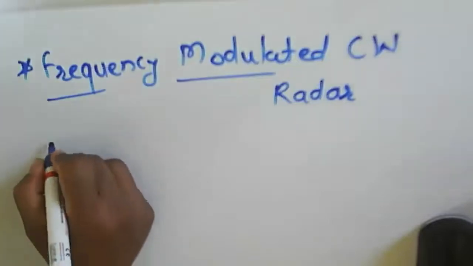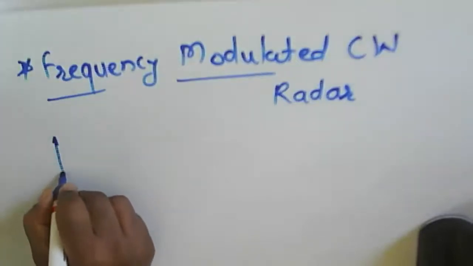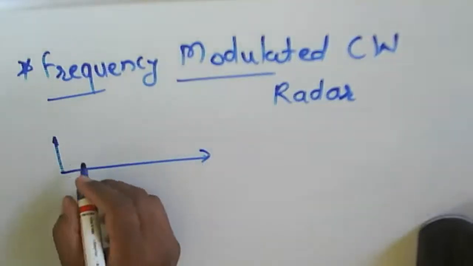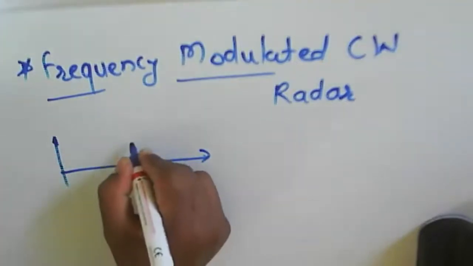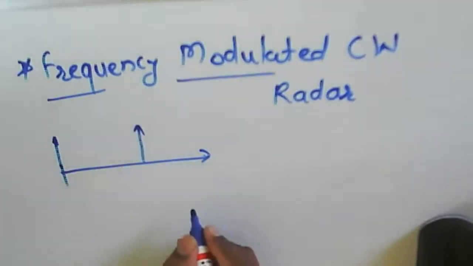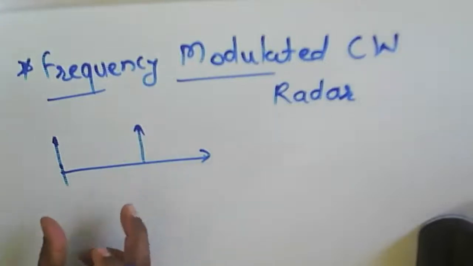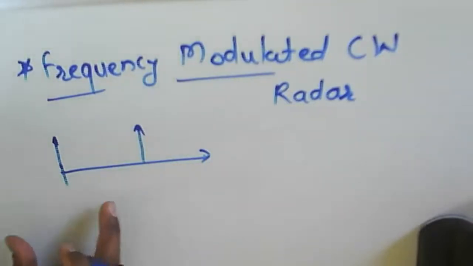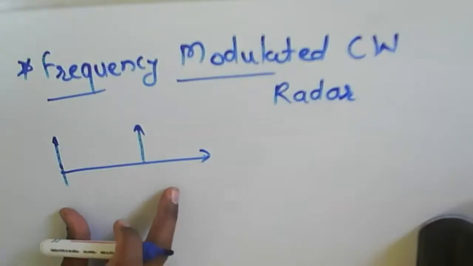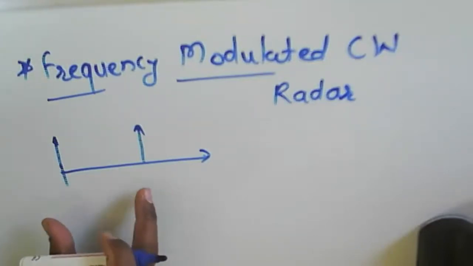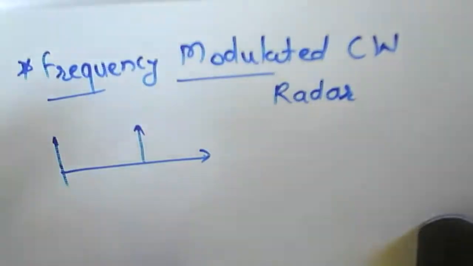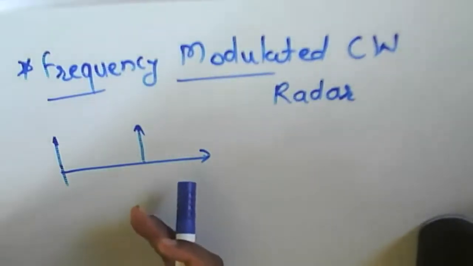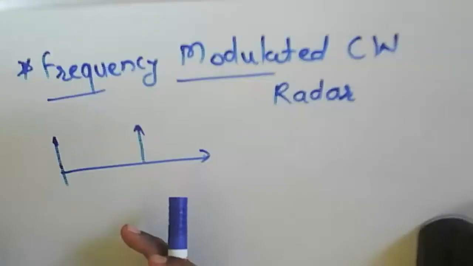We considered earlier that a signal is to be transmitted. At what time is the signal transmitted, and at another time, what will be received? As compared to the transmitting time, the signal is transmitted, and there is the time taken by the receiver to receive that echo signal.